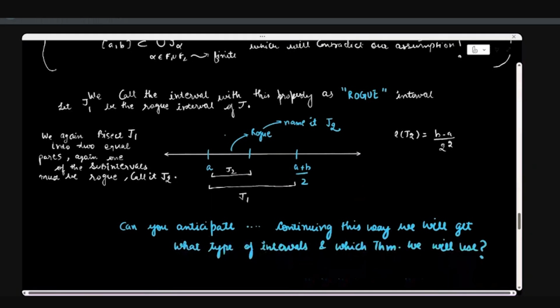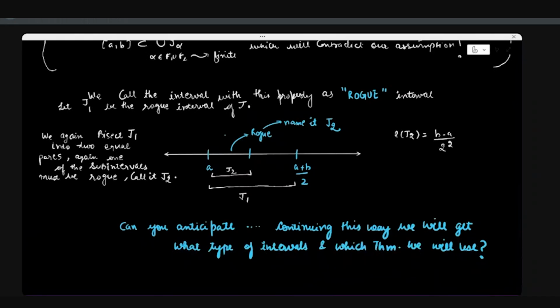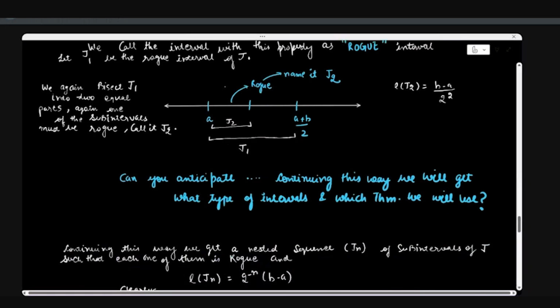Can you anticipate what type of intervals we will get? I think it's clearly visible. We will get closed and bounded intervals, the length of the intervals goes to 0, and they are nested intervals, that is, Jn plus 1 is contained in Jn. Now we can apply our favorite theorem.